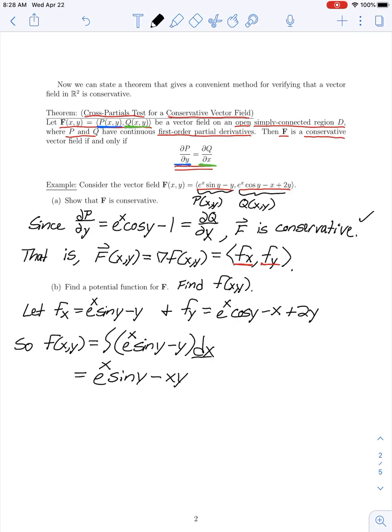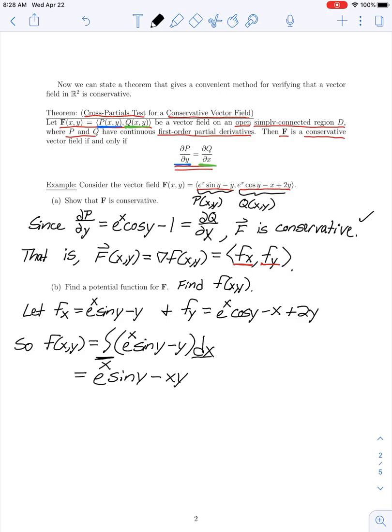Now, this is the first example that we've looked at in this course where we're looking at an indefinite integral of a multivariable function. That is, we don't have limits of integration on our integral here. So recall, to evaluate an indefinite integral, we need to include a constant of integration on the end.